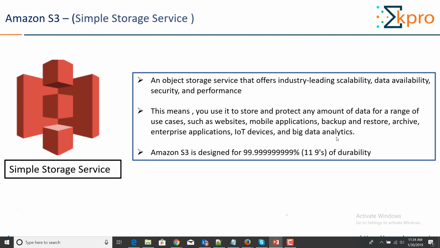Amazon S3 is designed for 99.999999999, that is 11 nines, also called 11 nines of durability. So that is the overview of Simple Storage Service.